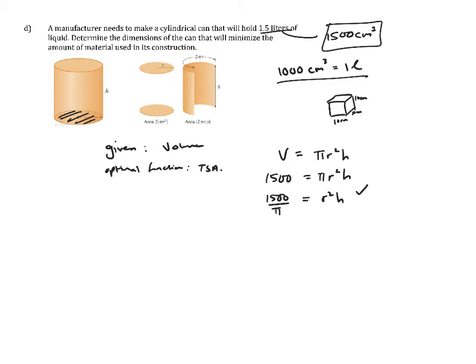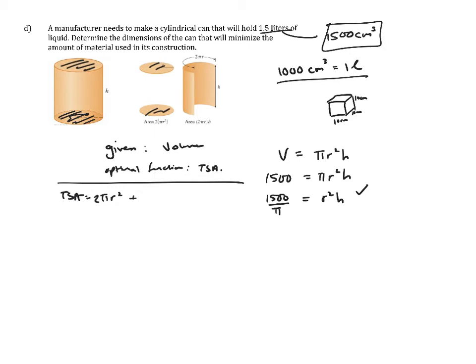So that's the first part. That is the constraint. Then we need to find the dimensions for which the can will minimize the total surface area. So what's the total surface area of a cylinder going to be? If you want to paint the cylinder, what will you paint? Well, you'll paint the bottom part, so that's pi r squared, and there are 2 of them, the top and the bottom. Plus all the way around the outside.